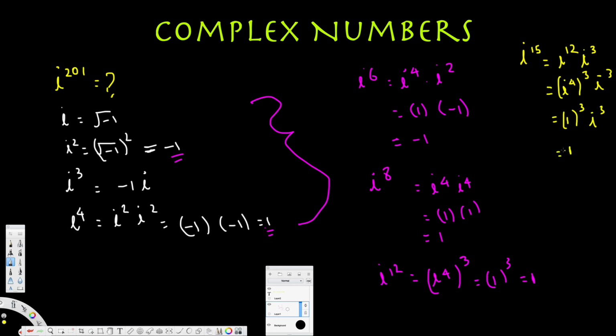And i power 3, as we saw before, is negative i. Negative i times 1 is just negative i. Like that we can do.